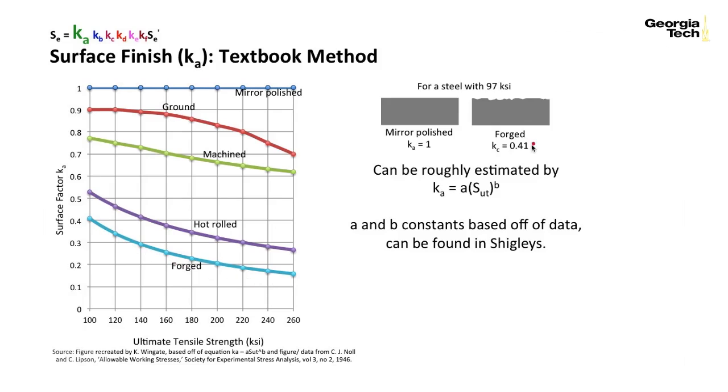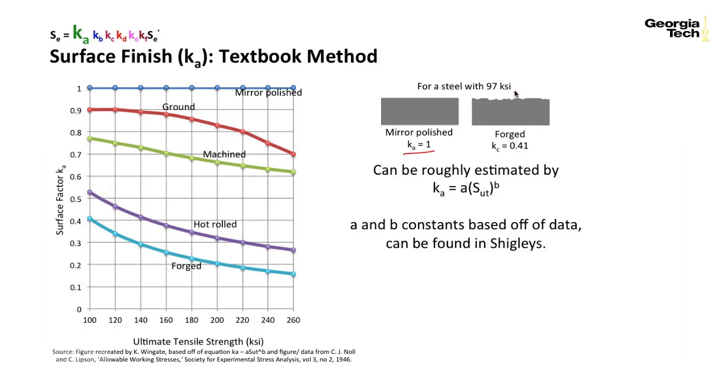You can estimate these relations using the equation Ka is equal to a times S ultimate to the b power. A and b are constants based off of data that can be found. There's a chart in Shigley's machine design textbook that gives you these constants. If you just plug in, you can see a mirror polished specimen of 97 KSI strength steel has a Ka of 1.